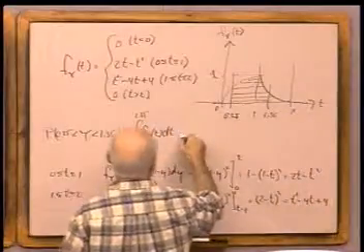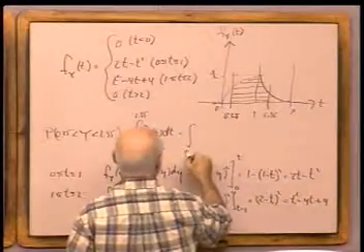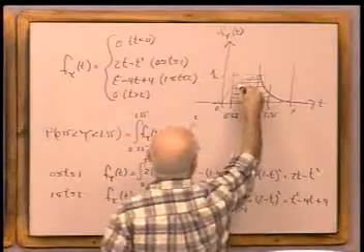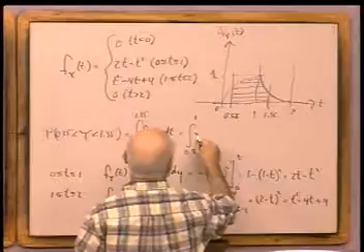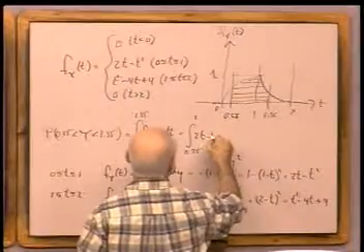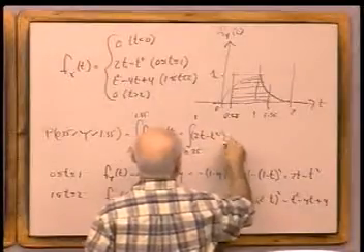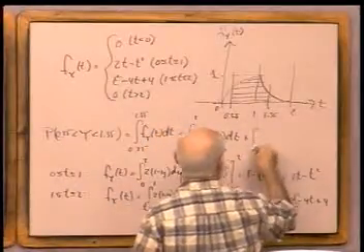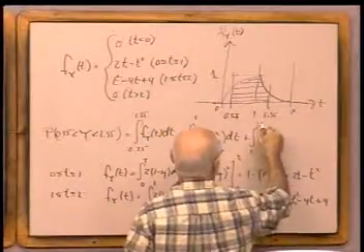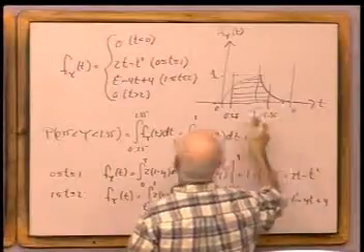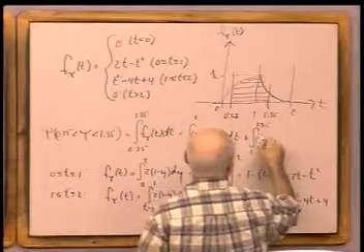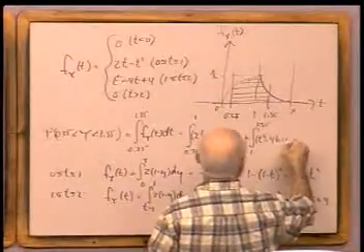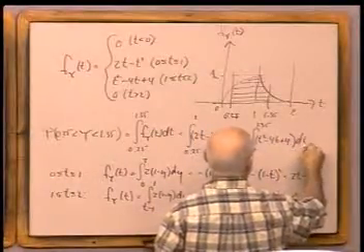So that means that this is going to be the integral from 0.25 to 1 of the formula for that piece, which is 2t minus t squared dt, plus the area between 1 and 1.35. And in that range, the formula is t squared minus 4t plus 4 dt.